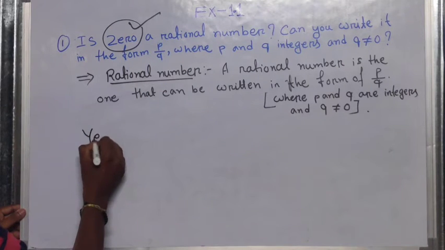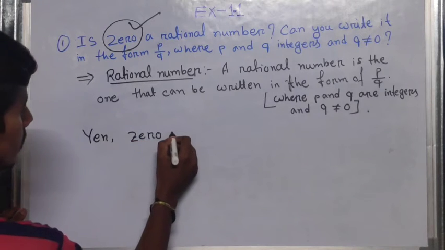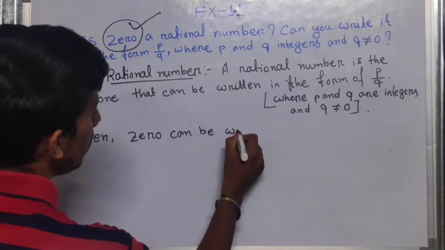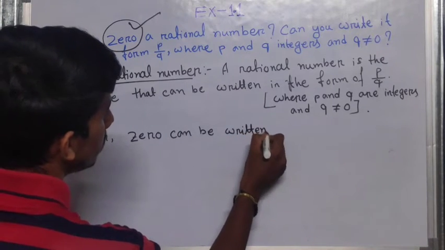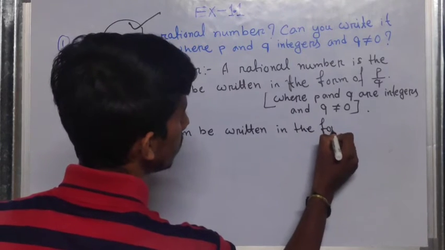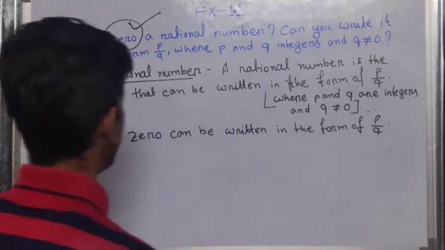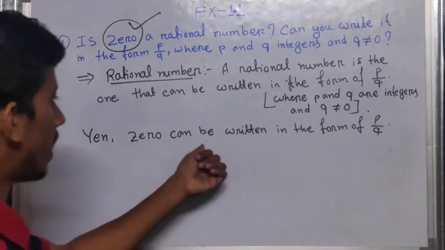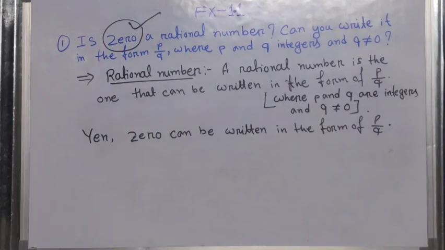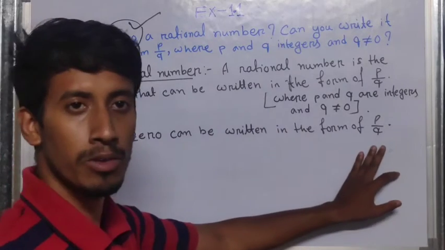Yes, 0 also can be written in the form of p by q. How? How can you express this 0 in the form of p by q?